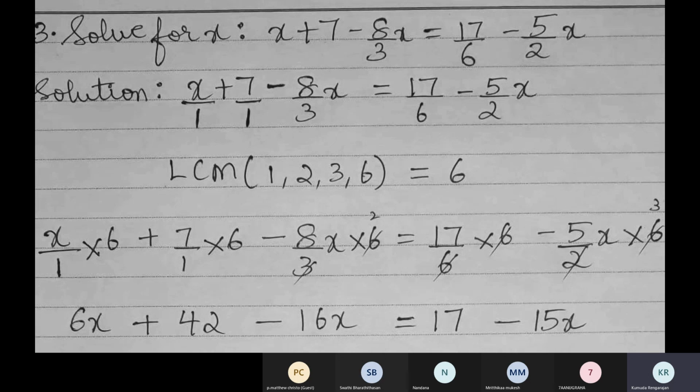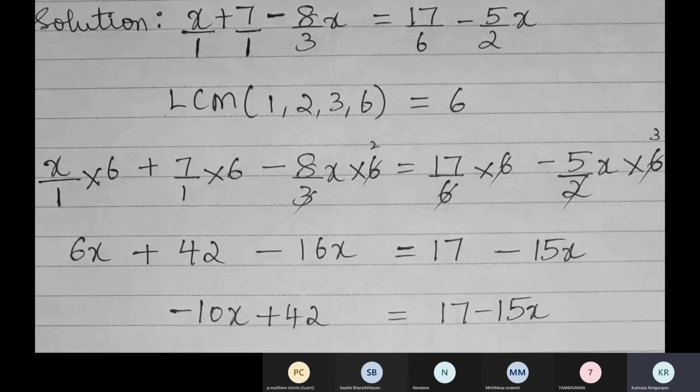So in the LHS, we have 6x and minus 16x. So what is 6x minus 16x? What is 6 minus 16? Ma'am, minus 10. 6 minus 16 is minus 10. Minus 10x. On simplifying 6x minus 16x, these are x terms, they are like terms.